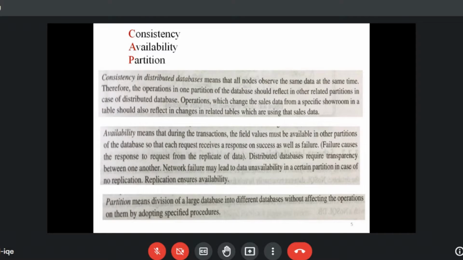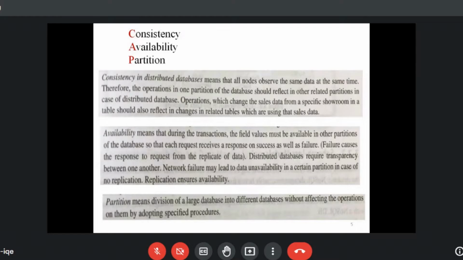Availability means that during the transactions, the field values must be available in all partitions of the database so that each request receives a response on success as well as failure. Failure causes the response to the request to come from the replica of the data.